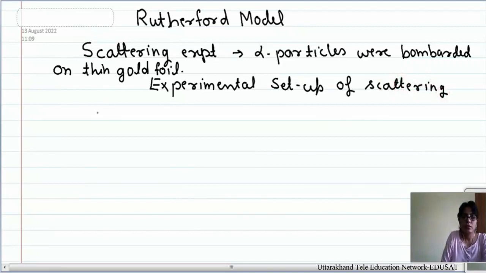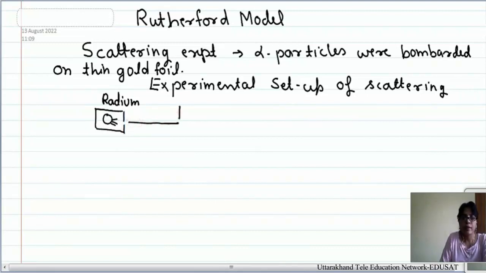So there is a source of alpha particle, which was radium, and it was covered by a box of lead with a small opening for the alpha particle. This box is made of lead for safety reasons, and then the alpha particle comes from the source.